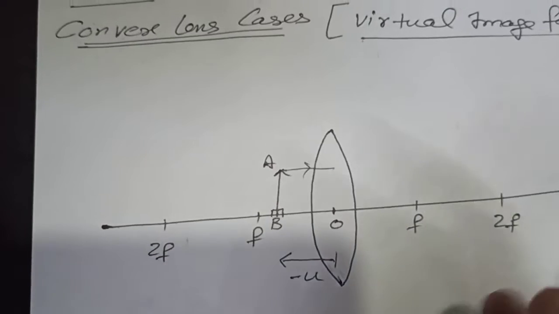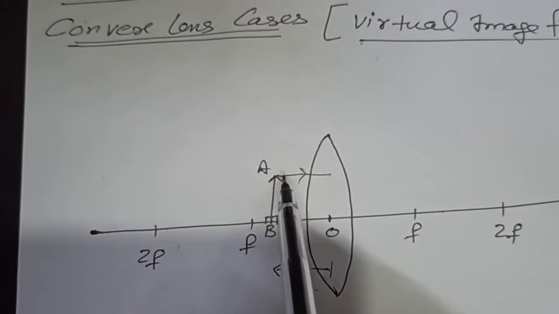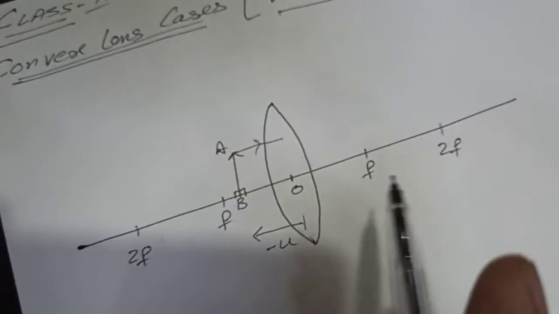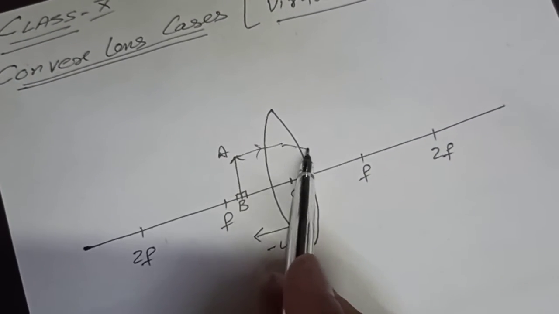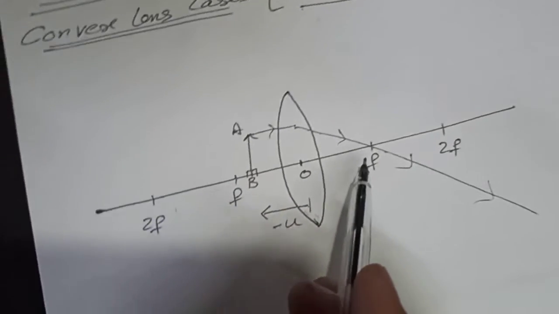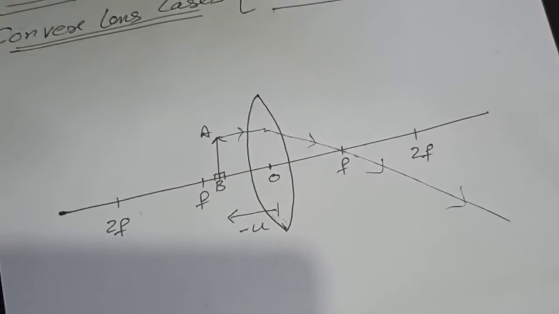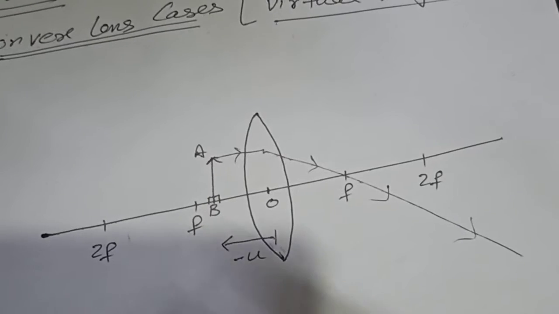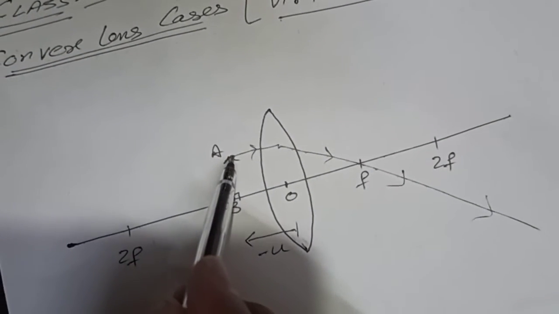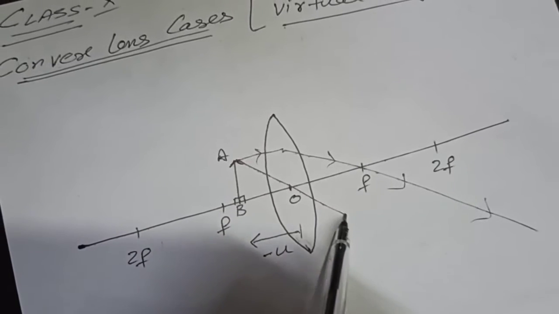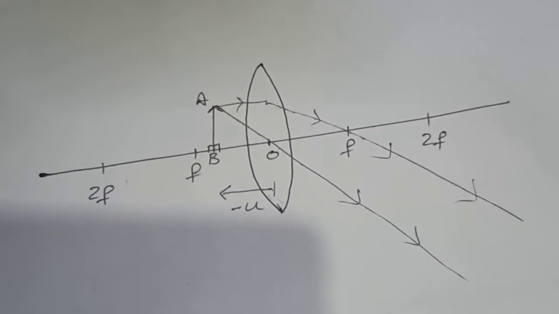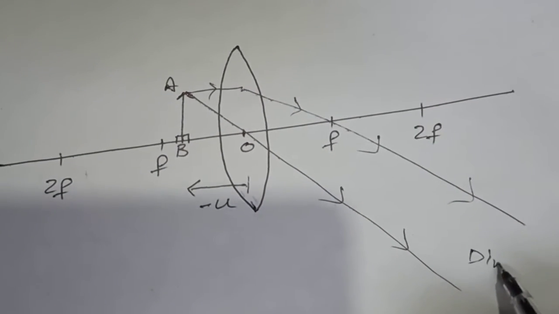Now from the ray diagram, one ray will go parallel to the principal axis and then this ray will converge towards the focus point, because the convex lens is a converging lens, so every ray has to converge. Another ray we pass through the optical center, and we see that both rays are diverging.